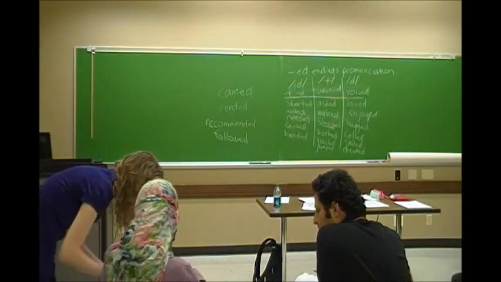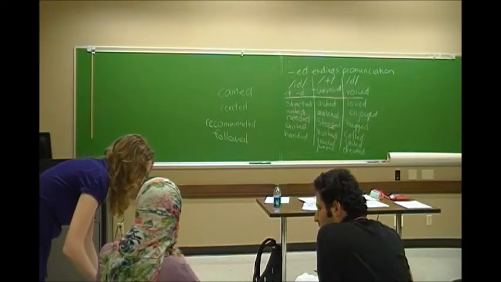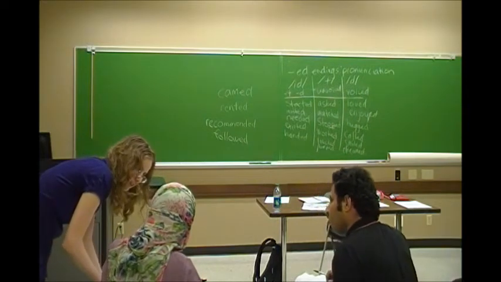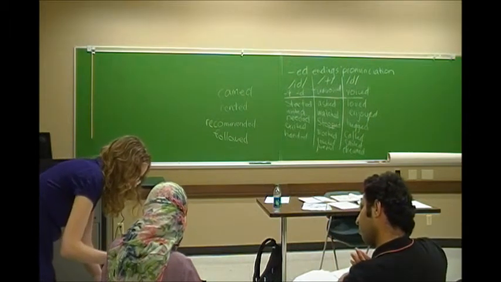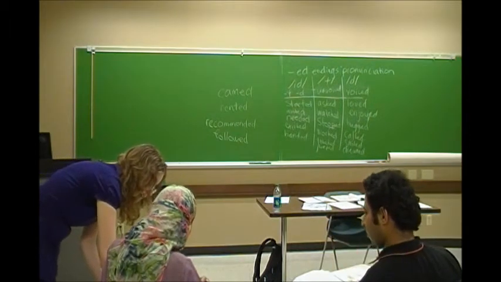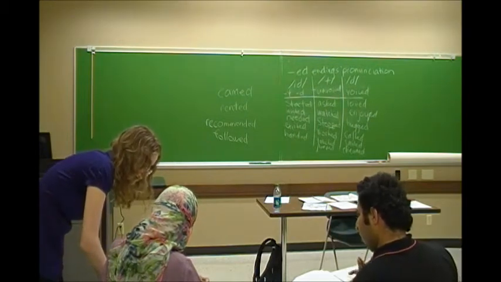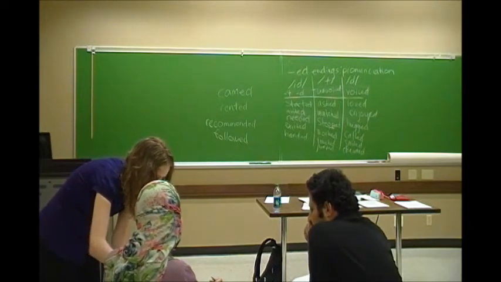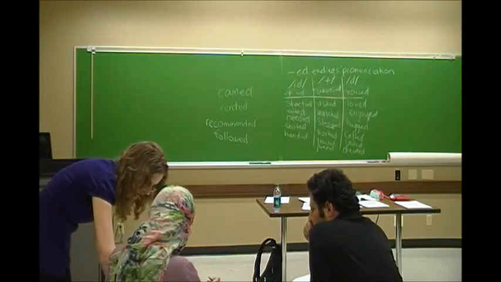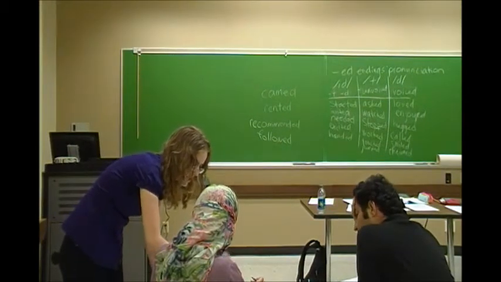Because it doesn't matter. It doesn't matter if the friend is a girl or if the friend is a guy. In English, it only matters that the person who it belongs to is female. She looked at the furniture. Okay, so if she were a guy and he has a friend, it would be his friend.